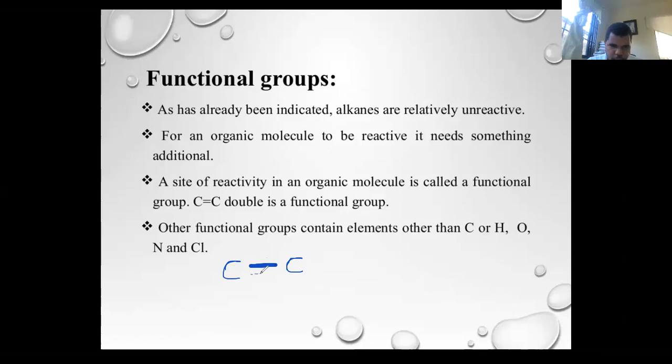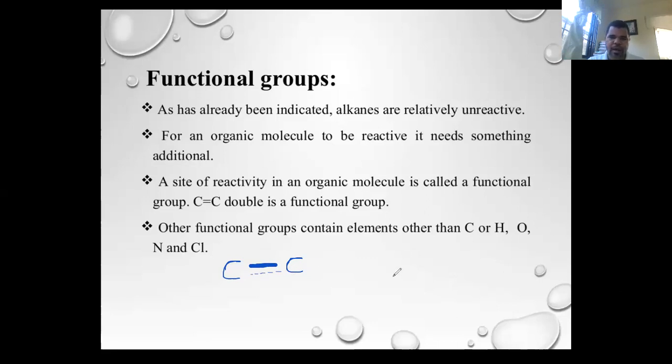Every time you have a double bond, you have one that is very strong, very stable. They call this the sigma bond. This is the sigma bond, the strongest one. And this one, which is very weak, very thin, is the pi bond.